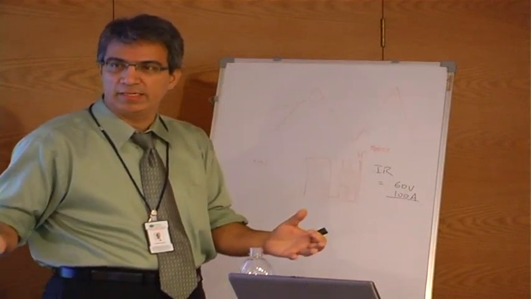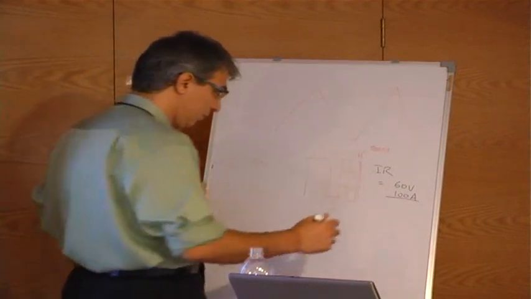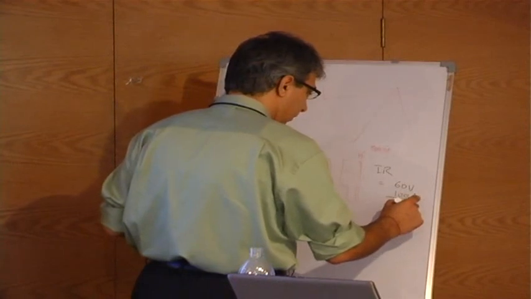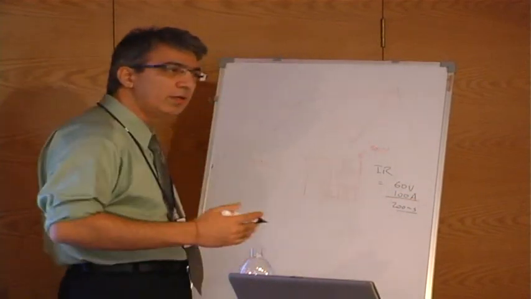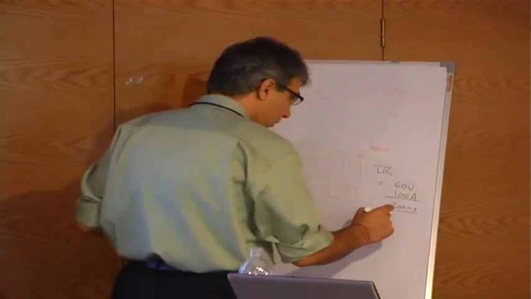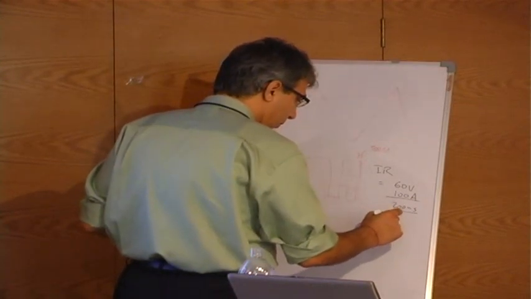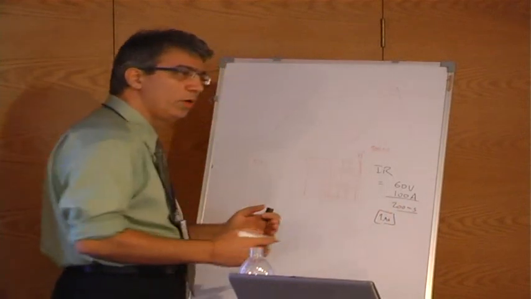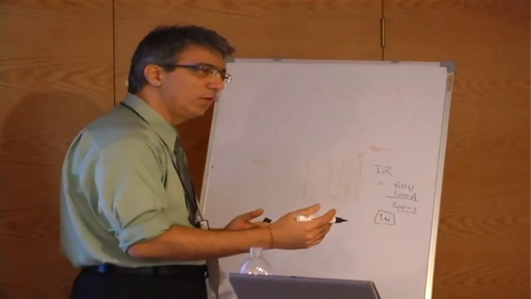I can have, let's say, a 200 nanosecond switching time, but I want at least some safety margin. So I can say, well, let's say it's 1 microsecond. I don't want to get near 1 microsecond.